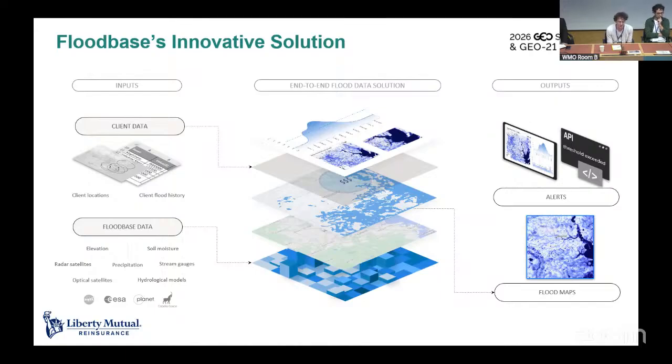This combination enables them to create a model that remains informative, even though one data source is not available or is biased or false. This final model enabled them to, as an output, create flood maps, which is the basis of our flood index.